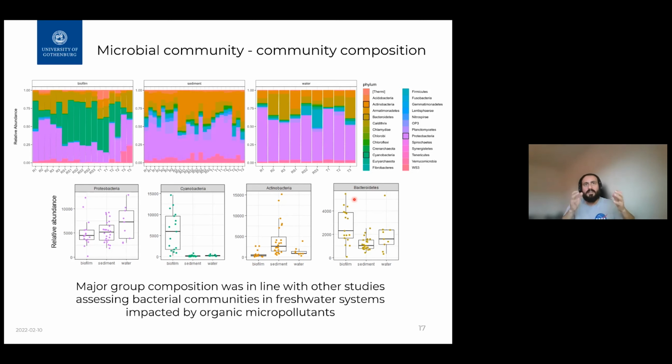Of course, you can take all this data and then do a second level of analysis and focus, for instance, on rare species, or you can select certain groups of organisms and then track their relative abundances as well. But this is a big picture about the major groups.